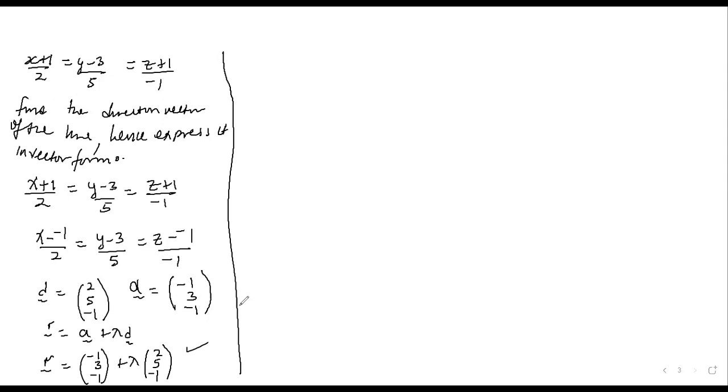Okay, I've got this one. It says x is equal to 2 minus y over 2 is equal to z minus 5 over 1.